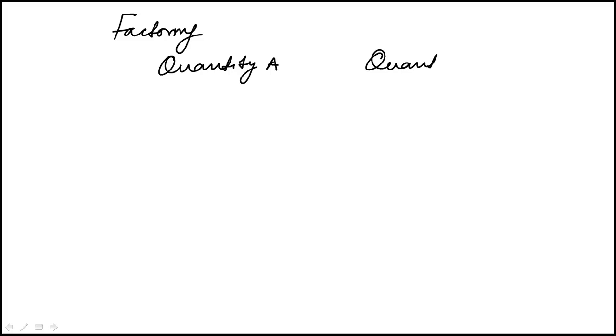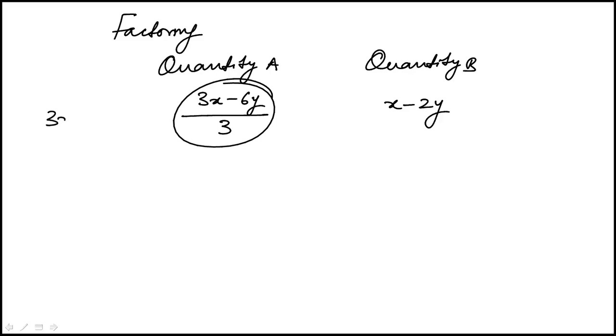Another example is factoring, and here you're given quantity A and quantity B. So quantity A is 3x minus 6y over 3, and you have x minus 2y. So here I want to emphasize a common temptation is that students want to subtract something, divide these three.